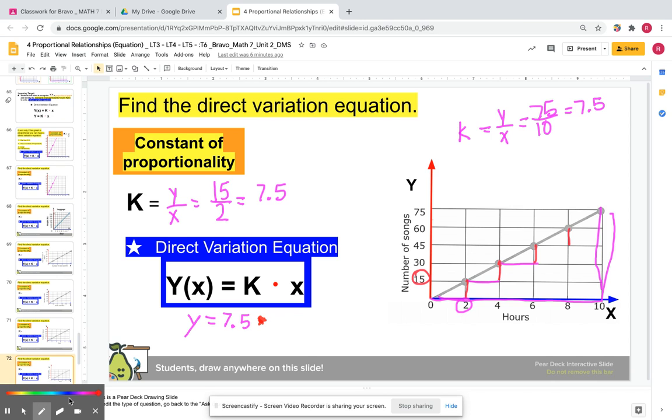So it's 7.5 times the variable x. The only thing that's changing when you're writing your direct variation equation is the letter k. That's being changed to an actual number, or a decimal. That's your equation. That's your answer. This is your direct variation equation for this graph.